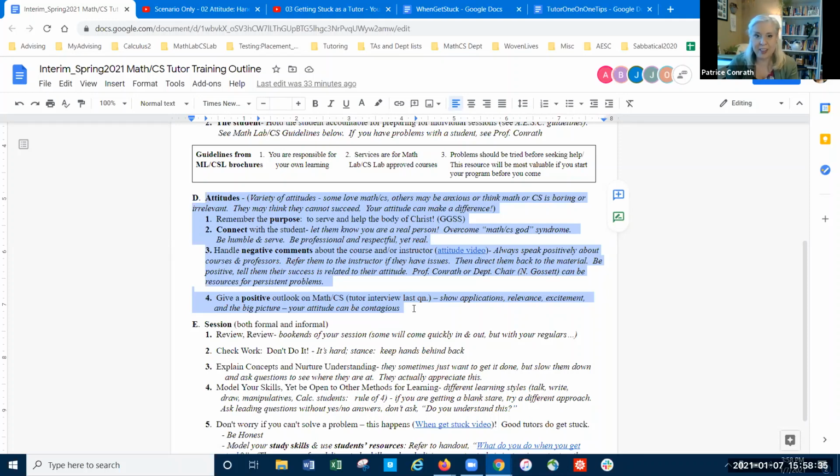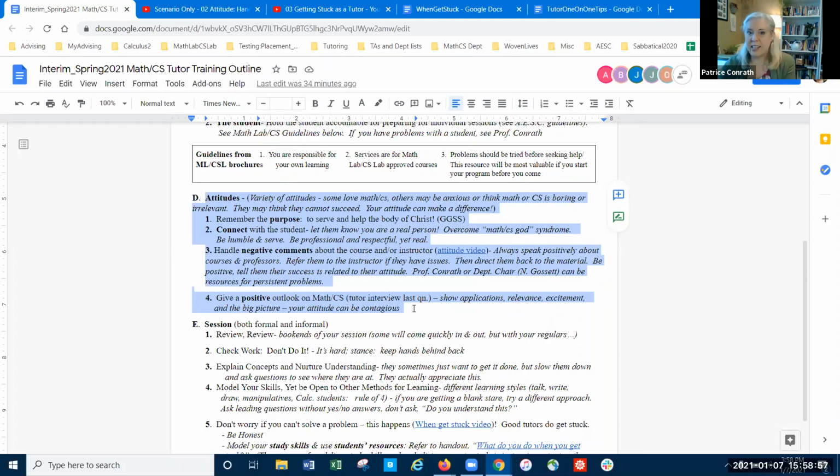There are going to be people there with all different types of attitudes. Some who just love math and CS and think isn't this the best thing in the world? And others are going to be, oh man, this is something that I've got to check off. It is something that I really am scared about. It's something I have anxiety about. You're going to get the full spectrum.